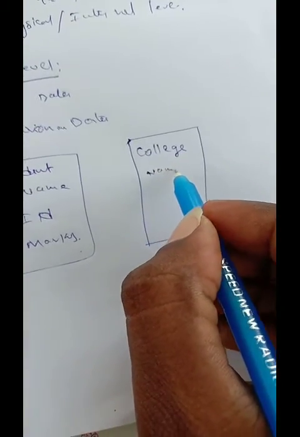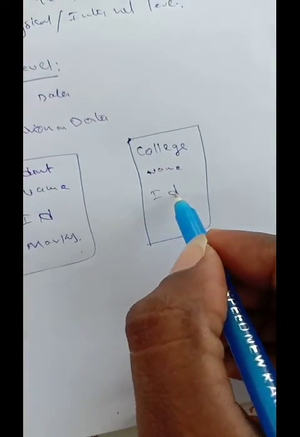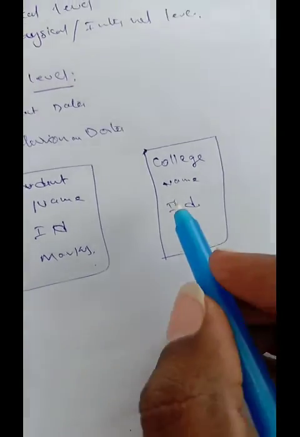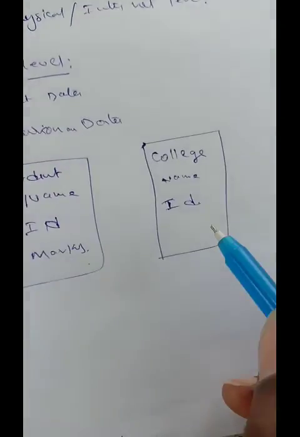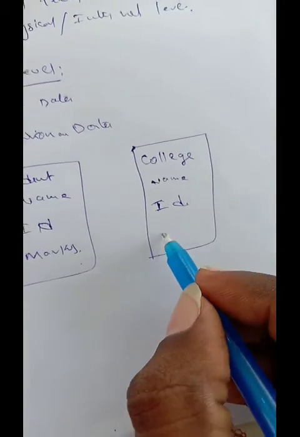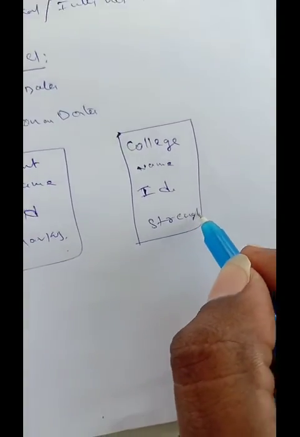It has a name and ID or the college registration number, whatever it is, and the strength of the students.